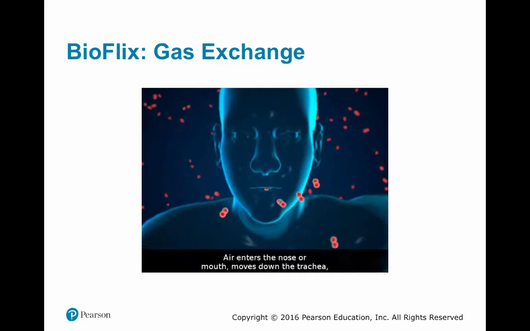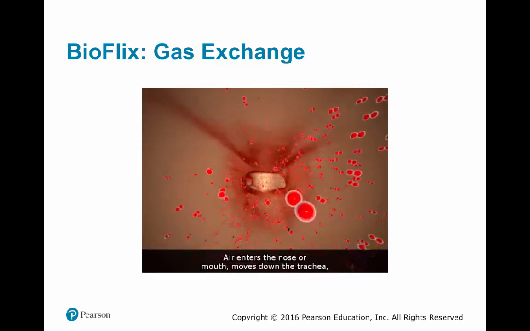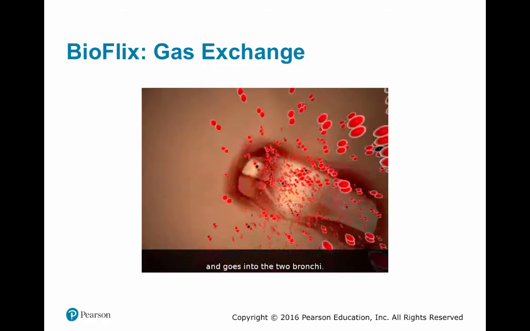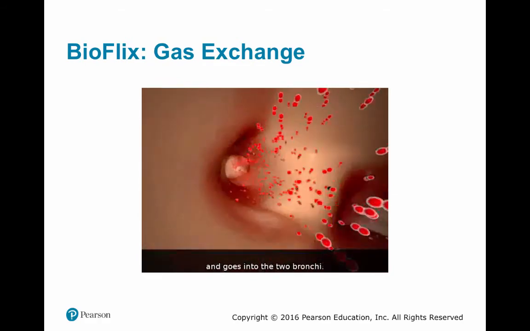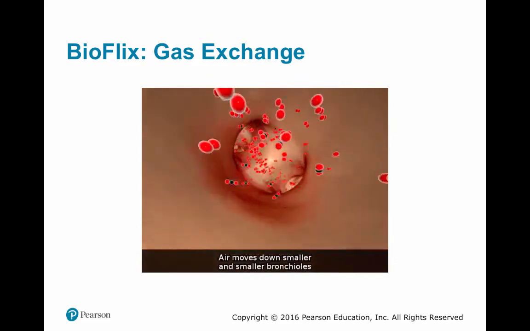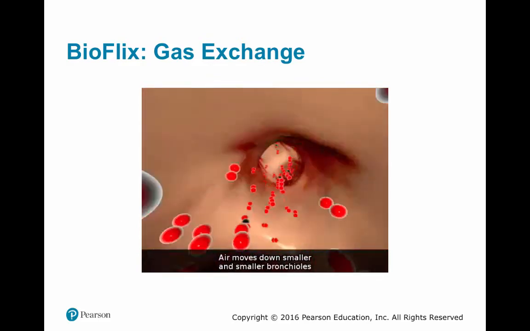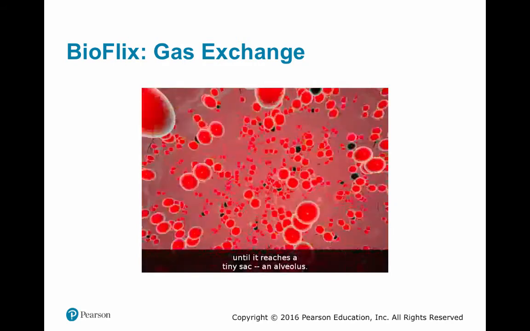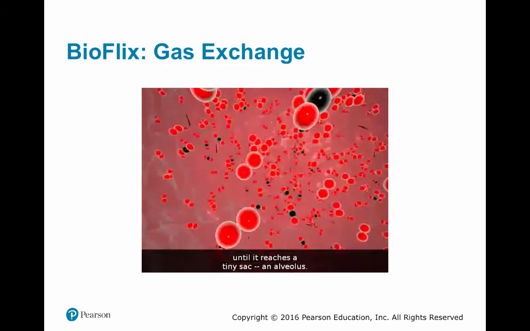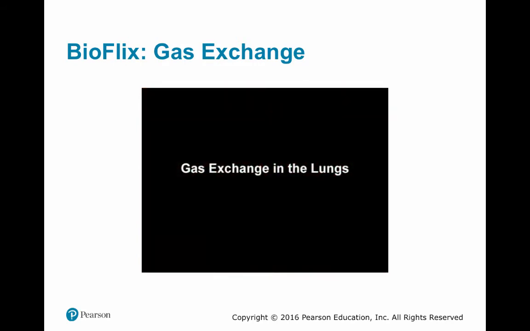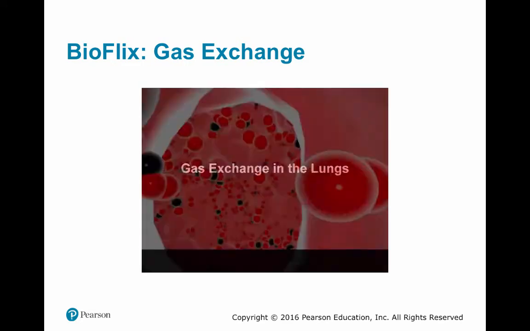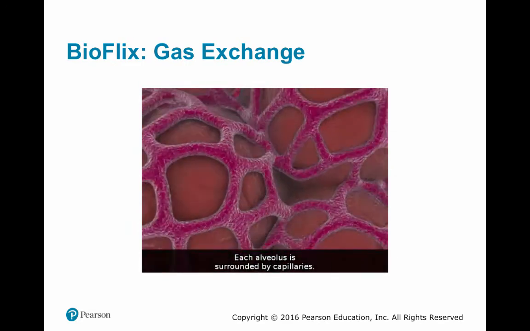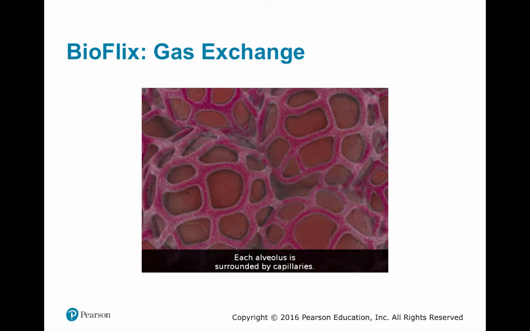Air enters the nose or mouth, moves down the trachea, and goes into the two bronchi. Air moves down smaller and smaller bronchioles until it reaches a tiny sac, an alveolus. Each alveolus is surrounded by capillaries.